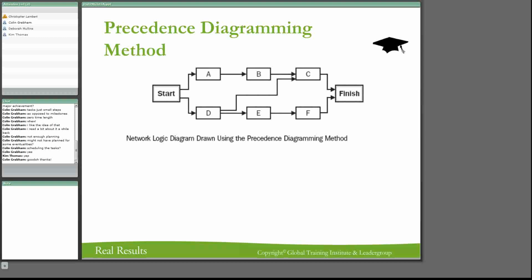Your project team are going to be made up of subject matter experts that are going to help you say, well, you can't do this task or this activity until one of the other ones is done. And this is where Microsoft Project and some of the other tools are going to help us a lot. Most of them use precedence diagramming, or there's another word for it now, and I've forgotten what it's called.